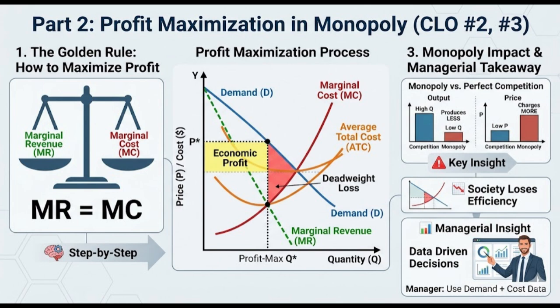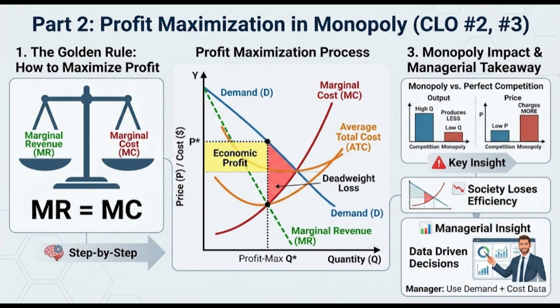The rule is always, remember this very carefully, MR equal to MC. MR stands for marginal revenue and MC stands for marginal cost. So this is a rule of thumb. Just remember, MR is equal to MC. This is the condition for profit maximization.